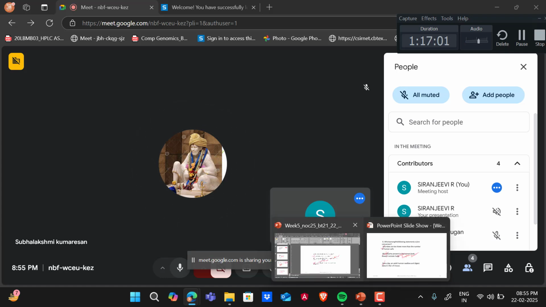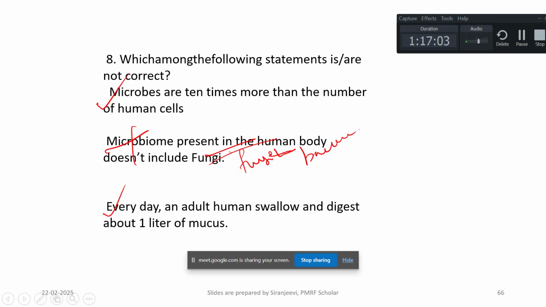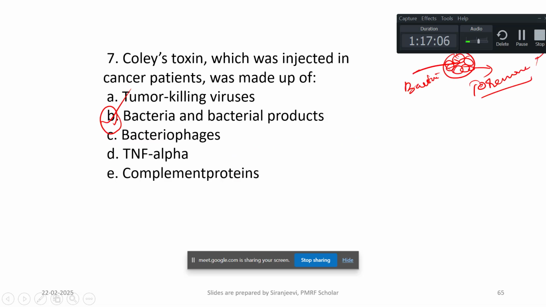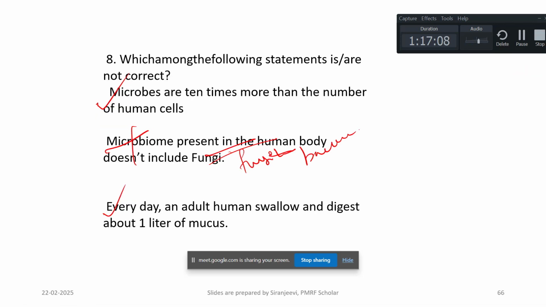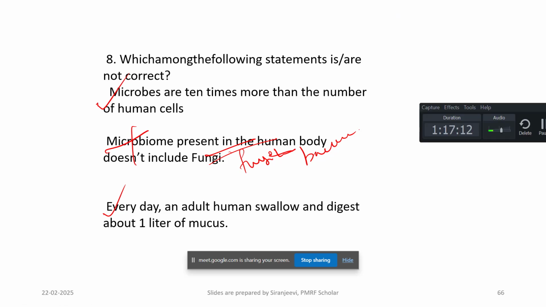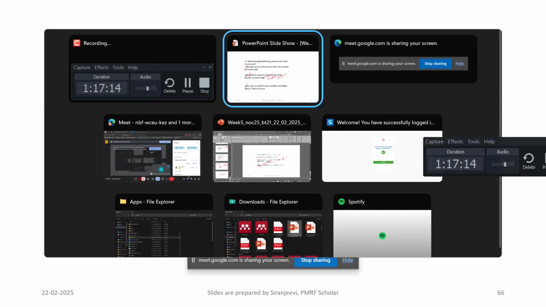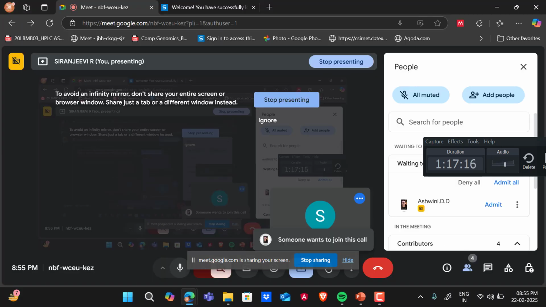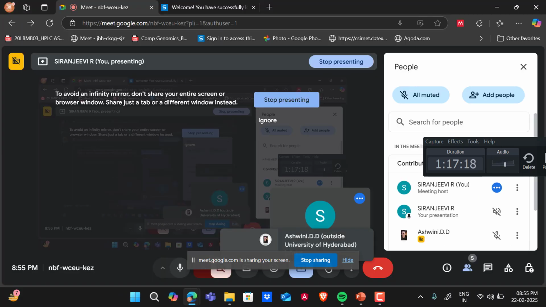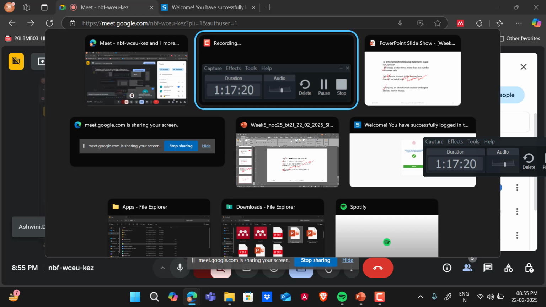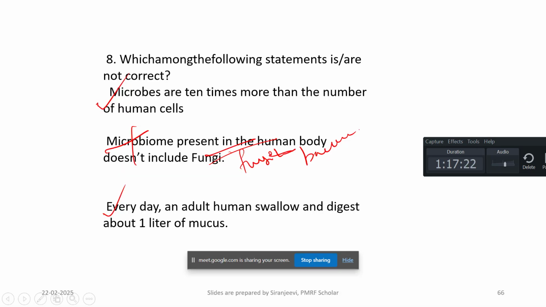Then, which of the following statements regarding innate immunity are wrong? They asked. Innate immunity evolved 450 million years ago, they said. Now we were talking about one thing. We have seen that 700 million years ago, innate immunity came in sponge. Then adaptive immunity came 450 million years ago, and we are having both innate and adaptive immunity.